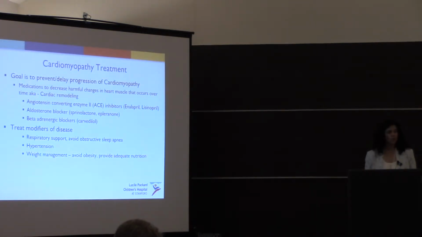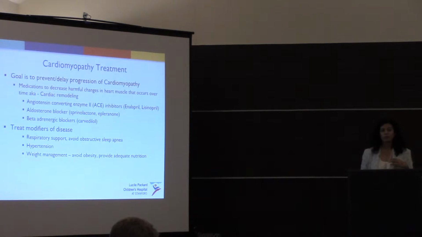Most important though, and I think a huge opportunity with preventing heart failure in Duchenne muscular dystrophy, is treating the modifiers of disease. And as we've been hearing from Dr. Bachrach and from our neurology team, there are systemic impacts of Duchenne muscular dystrophy, many of them can have cardiac effects regardless of the actual cardiac function.